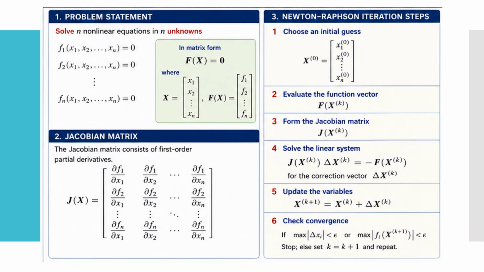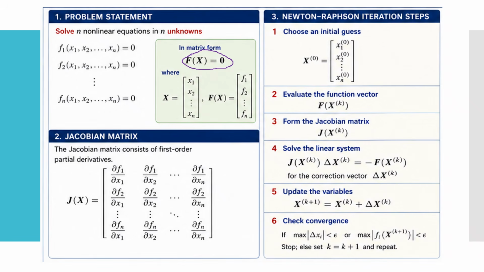So in matrix form, we'll use this representation to derive the equation. The basic concept that we have to understand here is the Jacobian matrix, consisting of first order partial derivatives.